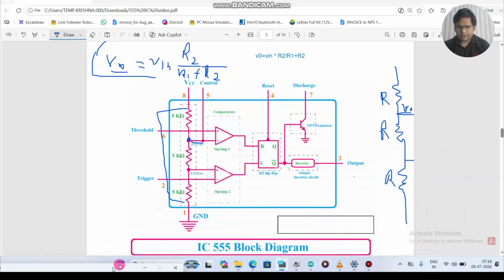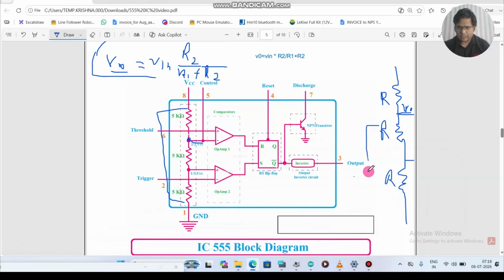So here there are 2 resistors downside. For V input, I am assuming VCC. V input is VCC. It can be anything, so we can provide input voltage from 5 volt to 15 volt. We can power this IC from this range. This is the voltage rating, basically 5 volt to 15 volt you can apply to the 555 timer IC.